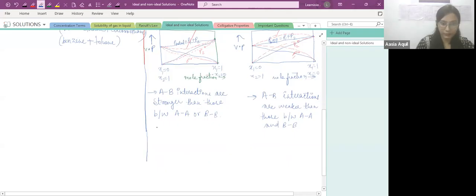Write down the examples also, because sometimes they ask for examples.